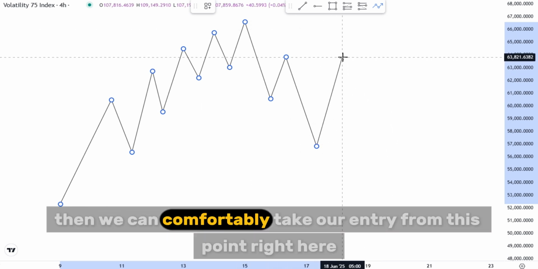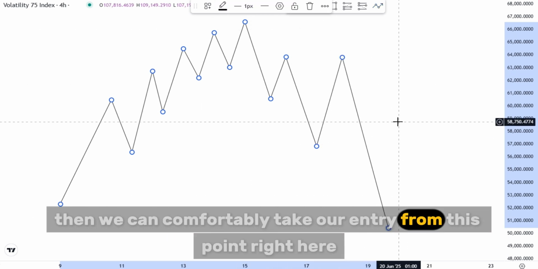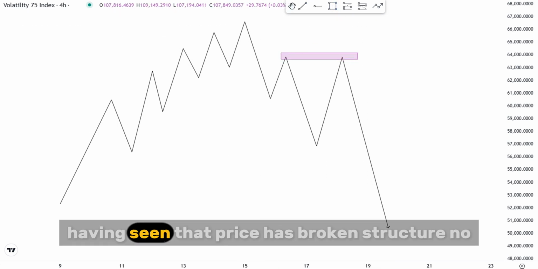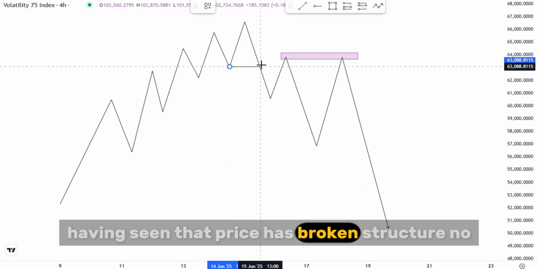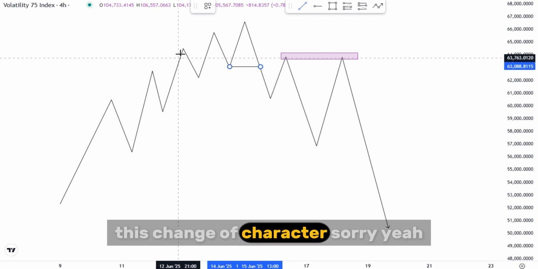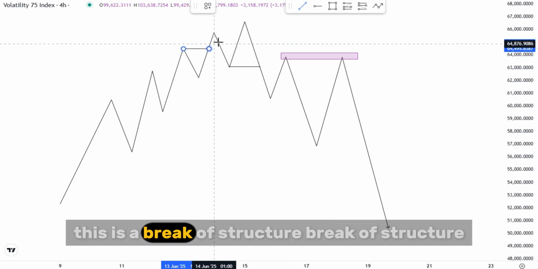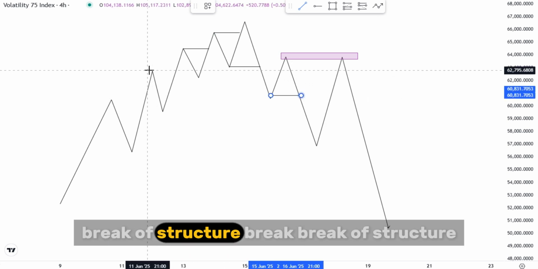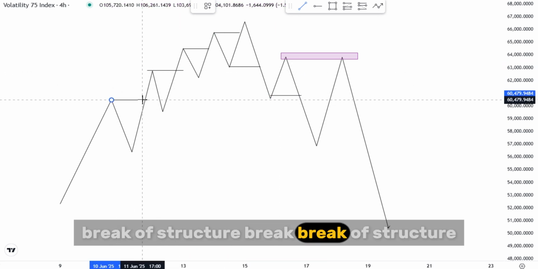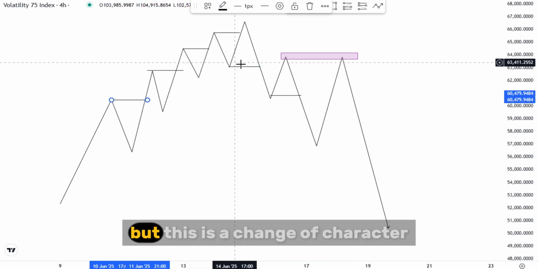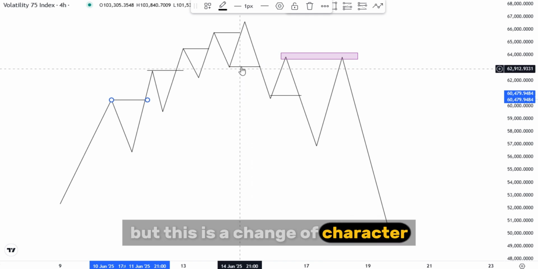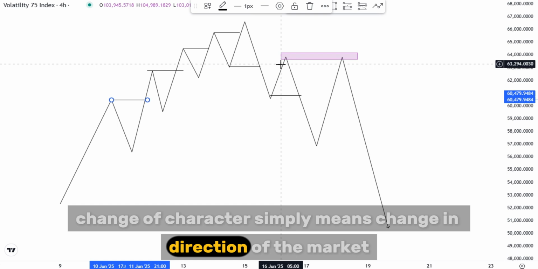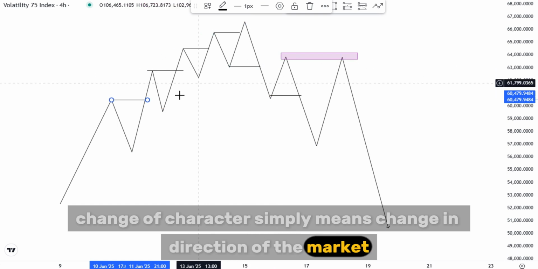Then we can comfortably take our entry from this point right here, having seen that price has broken structure, no, this change of character, sorry. This is a break of structure, break of structure, break of structure, break of structure. But this is a change of character. Change of character simply means change in direction of the market.